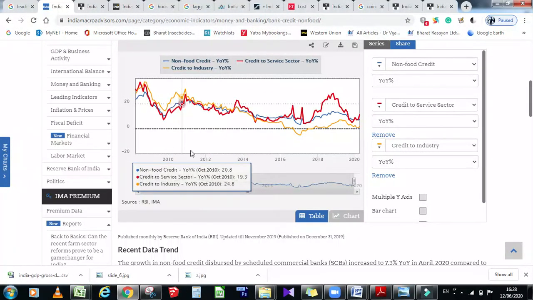This is the year-on-year percentage difference they're showing. So this is one place where you can get the credit data. It says that right now even the bankers are less confident at this stage, and this will of course be projected in the future.